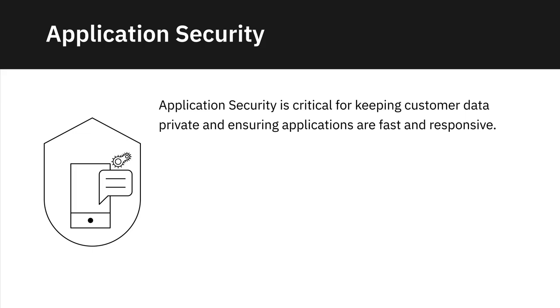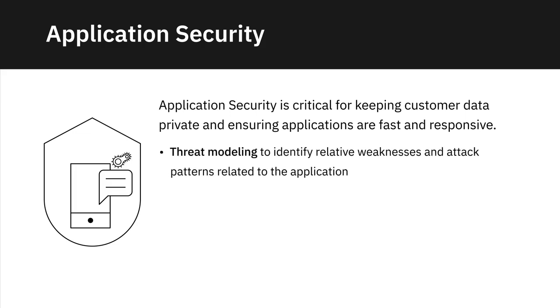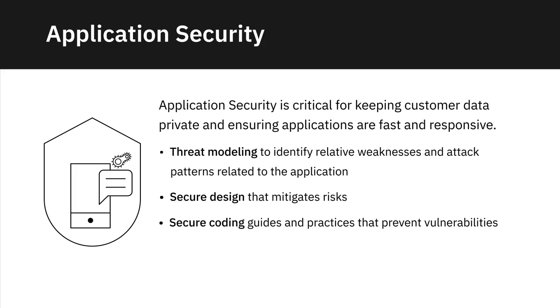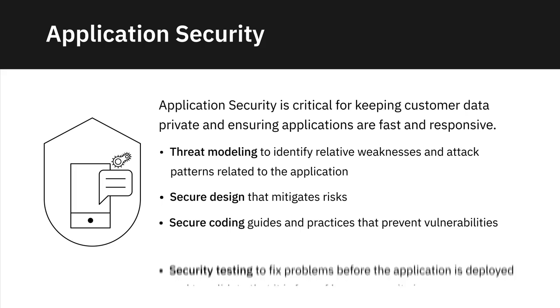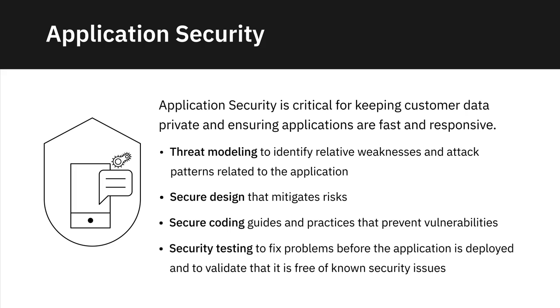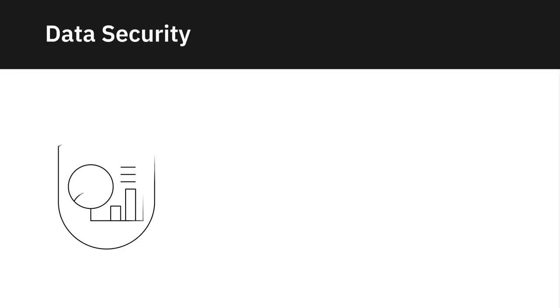You can make your application safe by following security engineering practices such as threat modeling to identify relative weaknesses and attack patterns related to the application, secure design that mitigates risks, secure coding guides and practices that prevent vulnerabilities, and security testing to fix problems before the application is deployed and to validate that it is free from known security issues.